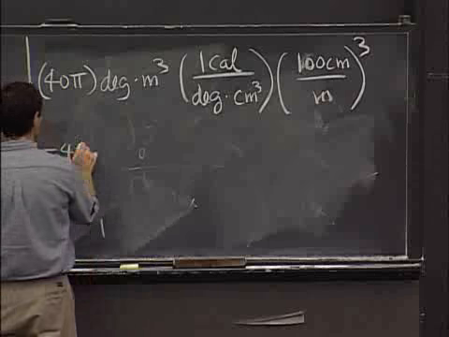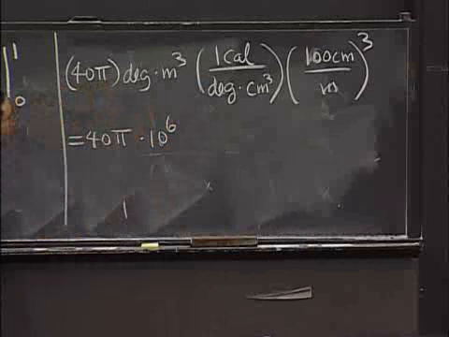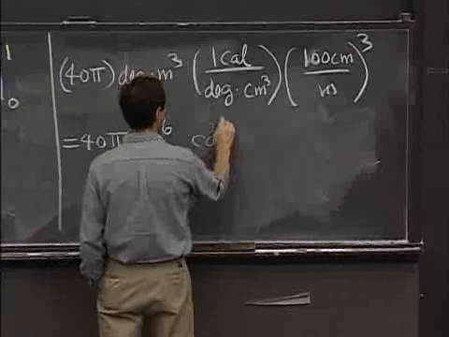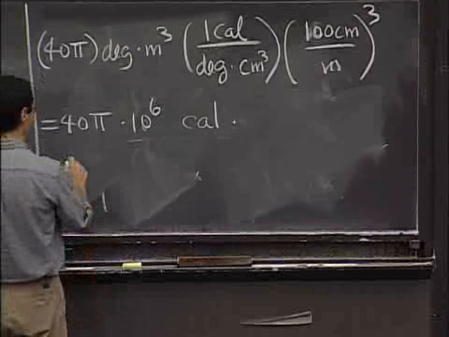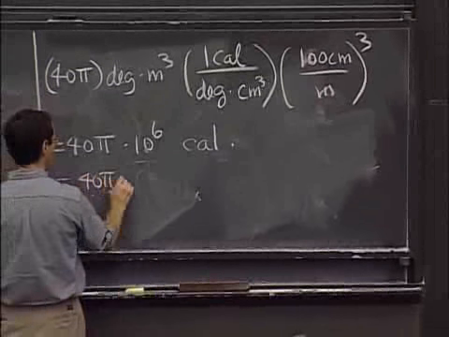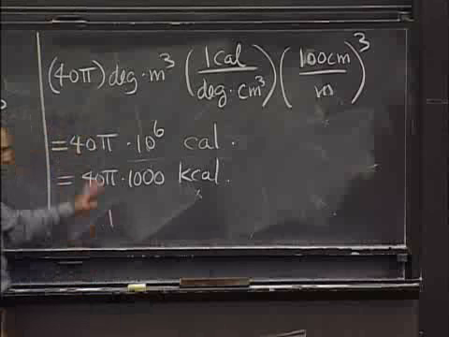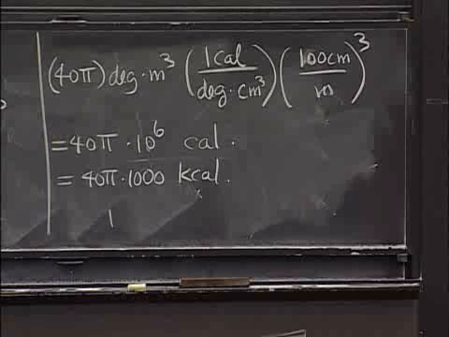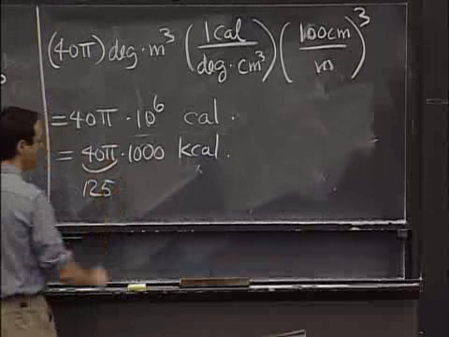And so I get 40 pi times 10 to the 6th, that's 100 cubed, and this is in calories. So how much is this? Well, it's a little better, maybe, to do it in 40 pi times 1,000 kilocalories, because these are the ones that you actually see on your nutrition labels of foods. And so this number is around 125 or so.